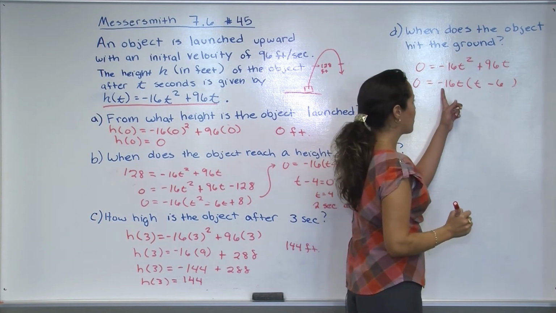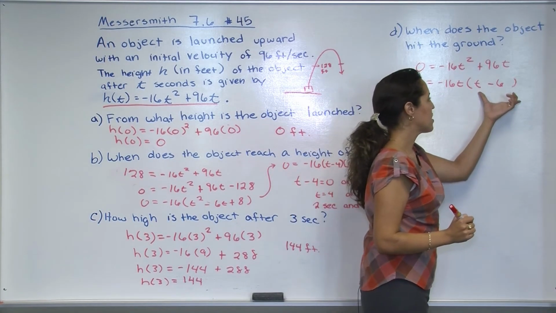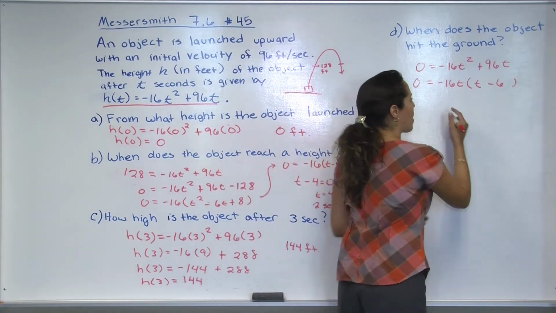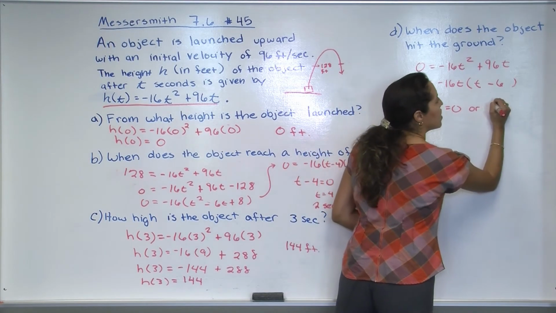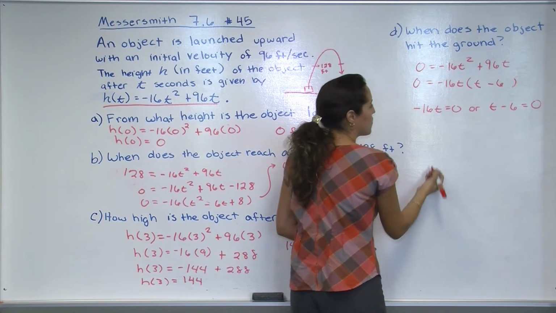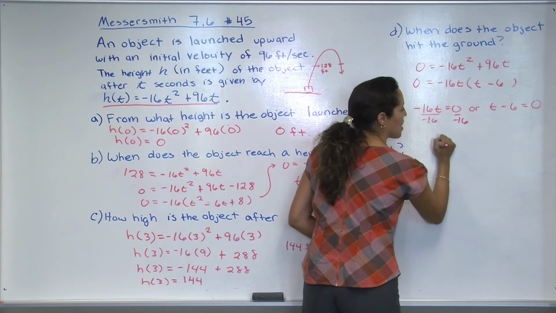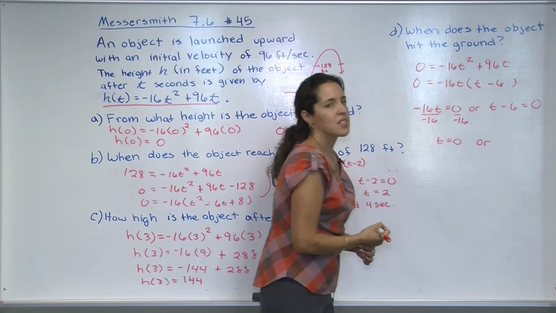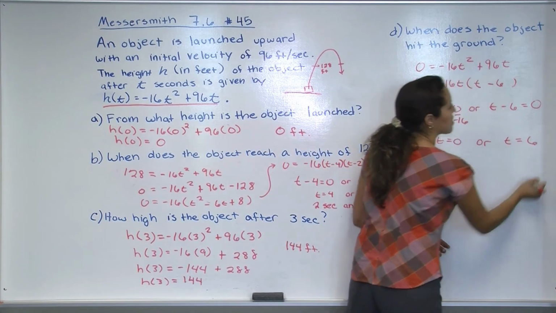Okay, perfect. So now we have negative 16t as our greatest common factor, and what's left inside the parentheses is the quantity t minus 6. Now we're ready to set these two factors to 0. So negative 16t is equal to 0, or t minus 6 is equal to 0. If we divide both sides of the first one by negative 16, you'll see that t equals 0, or, if we solve t minus 6 equals 0 for t, you'll end up with t equals 6.